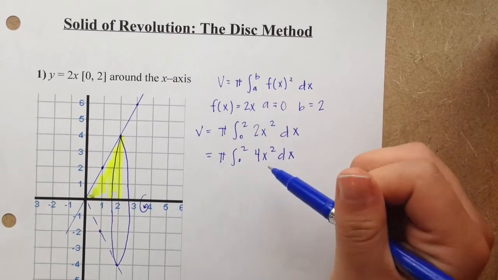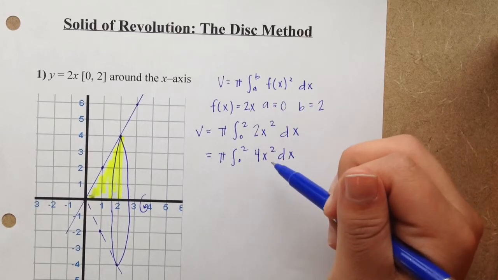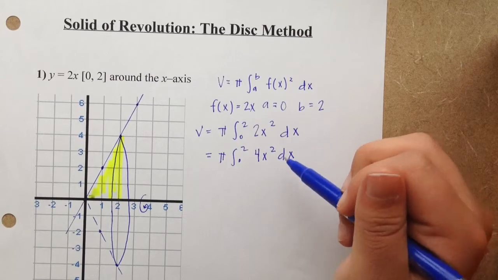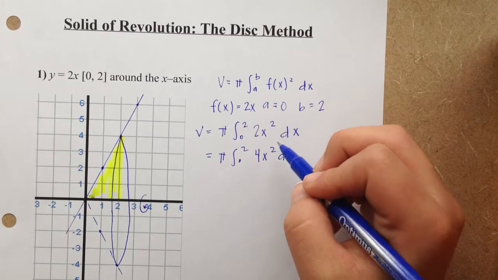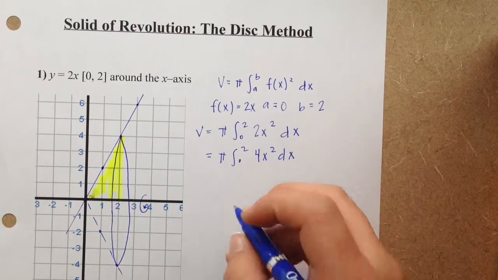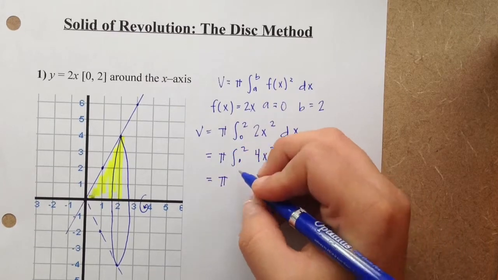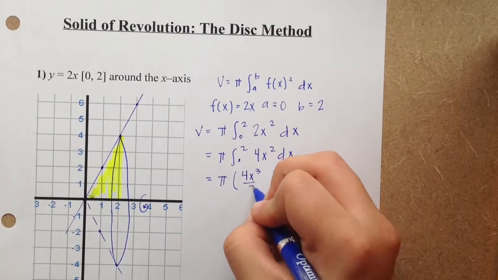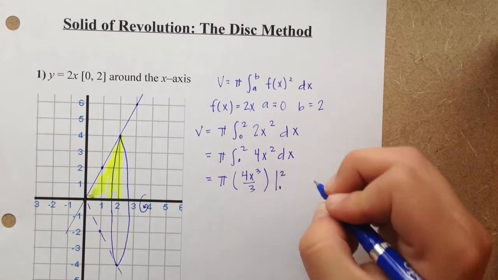So now we're going to find the integral of 4x squared dx, which is just the antiderivative of 4x squared. To find the antiderivative, we're going to add 1 to the exponent, so 2 plus 1, which is equal to 3, and we're going to divide it by what we got, which is 3. So this will equal pi times 4x cubed over 3 from 0 to 2.